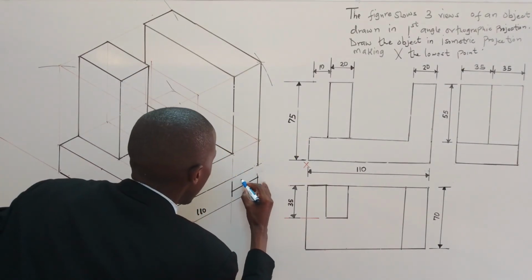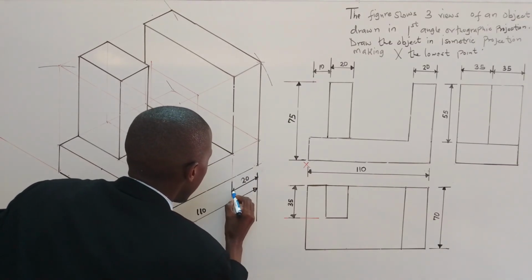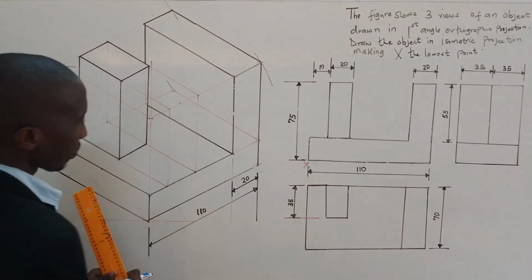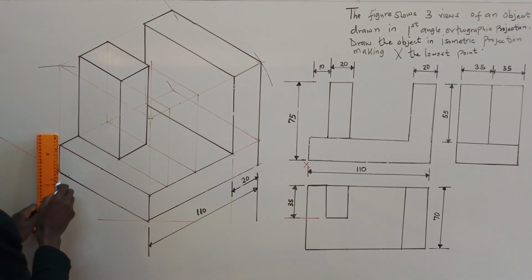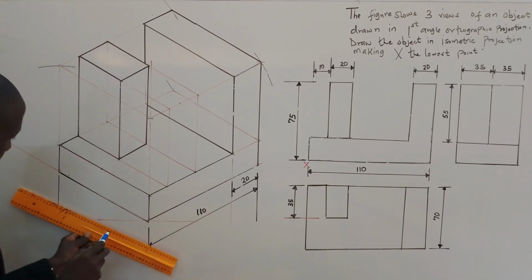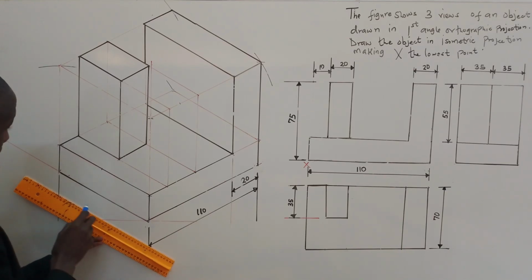Because you have the space. This was 20. Now we have here, this one is 70. So here you will mark 70.